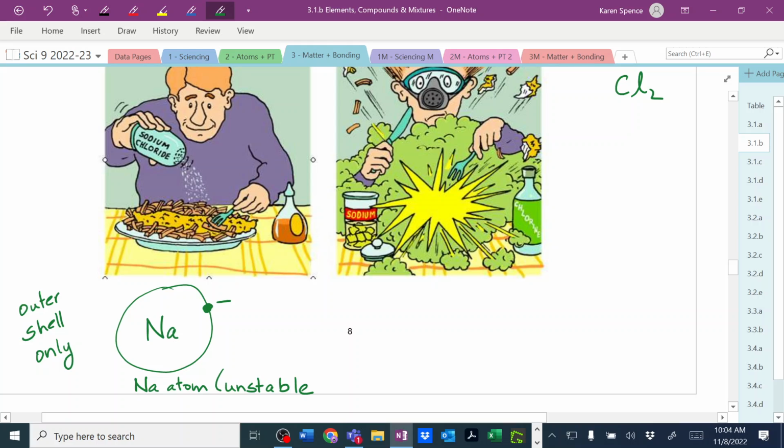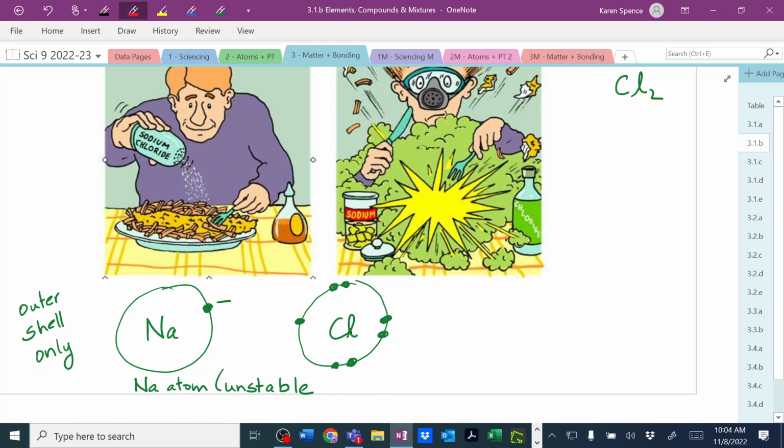And if we have chlorine, I'm going to draw over top of this little 8 here, chlorine, okay? How many electrons are in the outer shell of chlorine? Can you guess? It's in group 17. 7. 1, 2, 3, 4, 5, 6, 7 electrons.